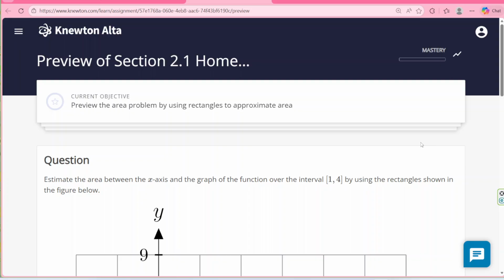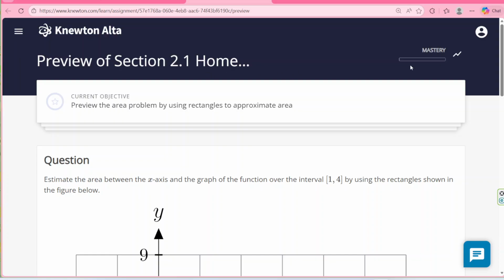Okay, so here we are, Knewton Alta. And you will not see the word preview. You're just going to see the name of the homework. So this one in particular is section 2.1, again called a preview of calculus.